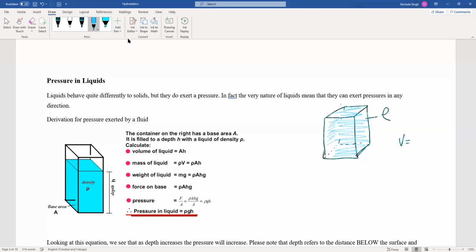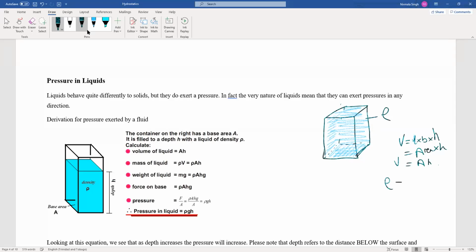Length by breadth by height. All right, length by breadth by height. Or we can take the area of the base by the height, A by H. I'm putting this down in this way for you all to see just now.